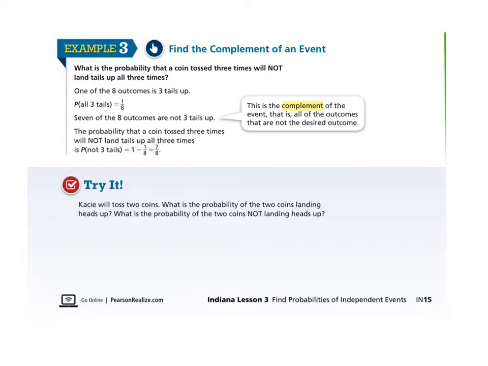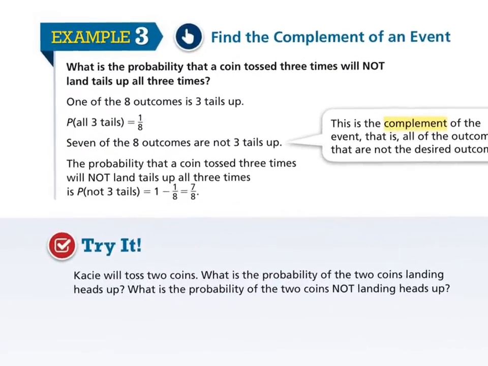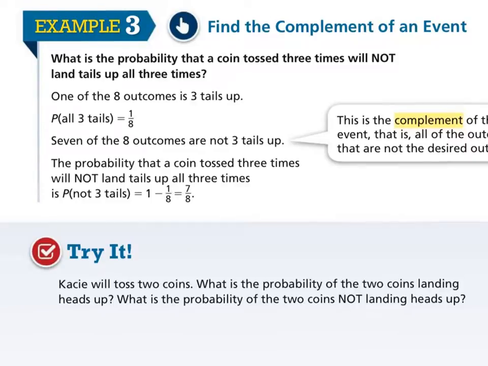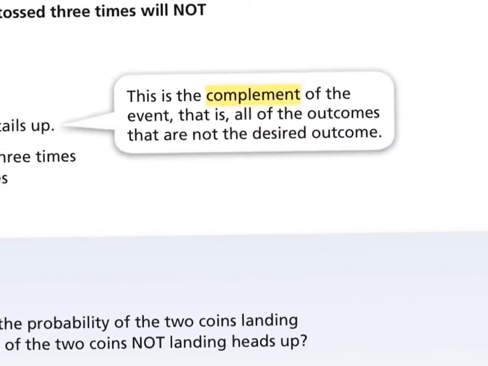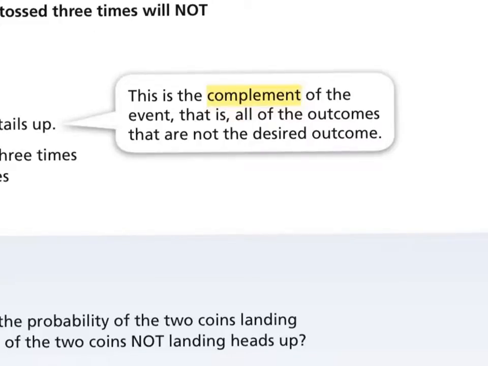Example 3, what is the probability a coin tossed 3 times will not land heads up all 3 times? So this has to do with complementary events. So complements of something is kind of like the opposite of something.